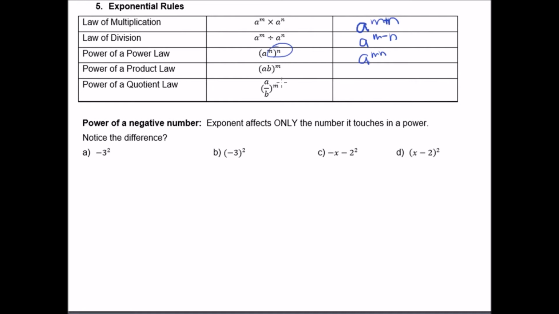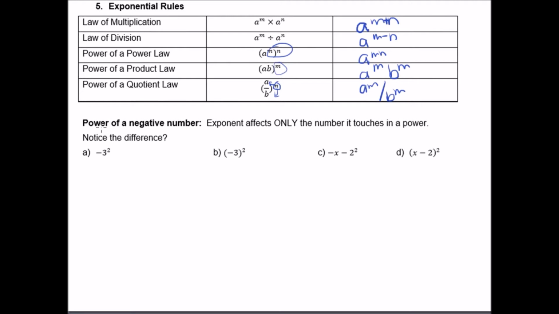So I'm just going to expand this, and we expand this ab, m times. So I'll just put dots. Actually, just to show you, but the m actually applies, it's a to the m and b to the m. Okay, power of a quotient law. This m goes on both the top and the bottom. So a to the m over b to the m.